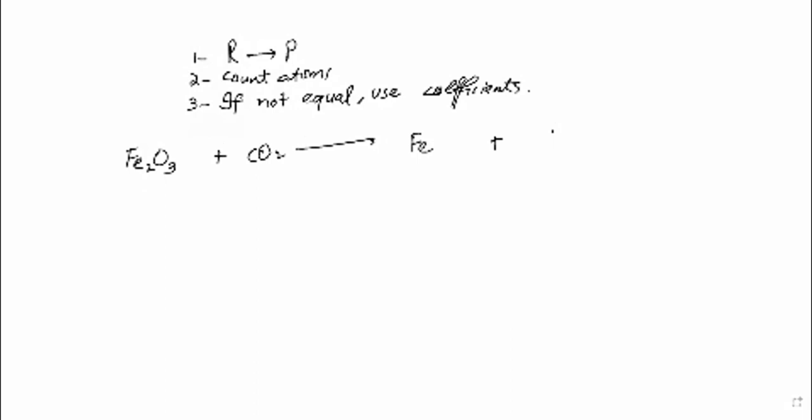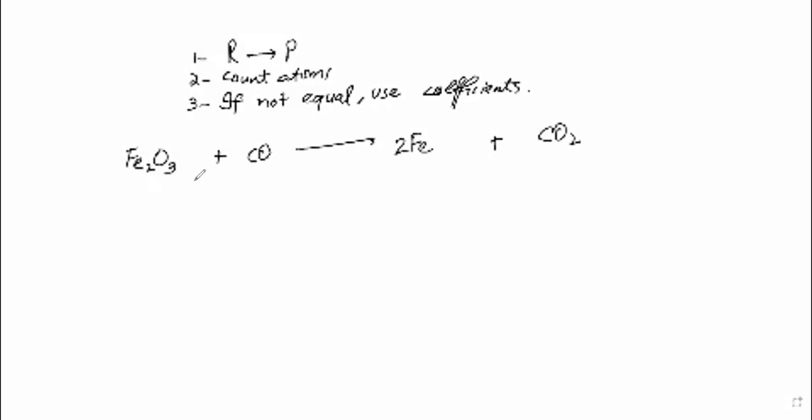Once again, I forgot to write carbon monoxide. And then we get carbon dioxide. So now it is important how we can balance it. If you look here carefully, how many iron do we have? Fe2. But here we have only one iron, so I am writing here 2. So 2 iron here and 2 iron there. Now it is balanced.